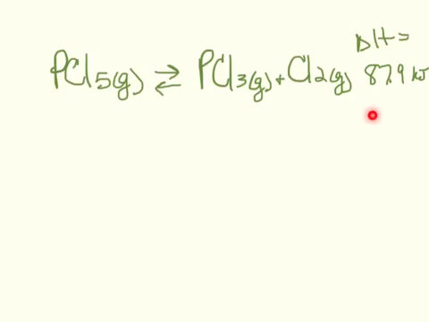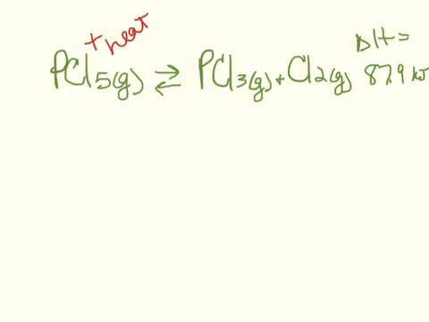Consider this reaction. We're given a delta H for this process of a positive 87.9 kilojoules. Now I know that if I have a positive delta H, that means that this is an endothermic reaction, which means that heat needs to go into the system for this reaction to move in the forward direction, or I could just look at it as heat is a reactant, and then just treat it as any reactant.